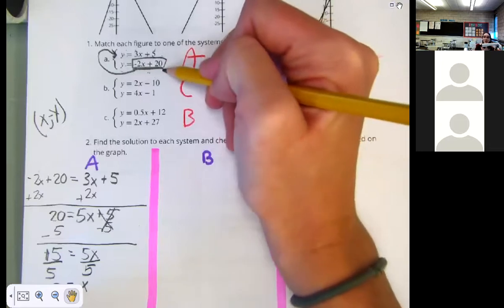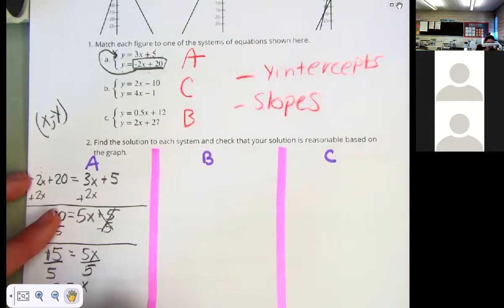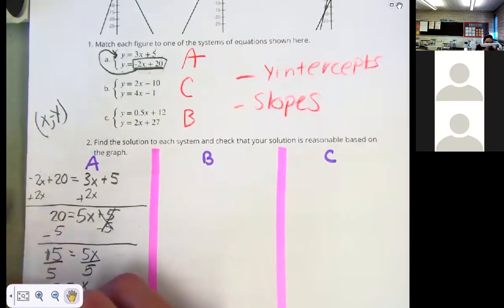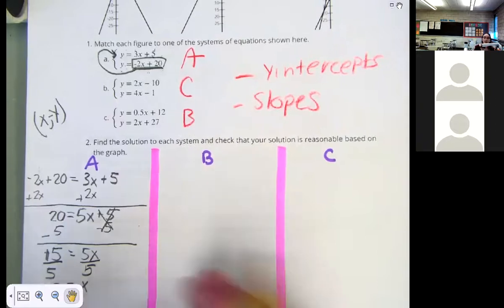You can pick either one. I'm just going to pick the first one because it's a little bit easier. And I'm going to solve it for y. So I'm going to say y is equal to, and I'm going to plug 3 into the equation. So it's going to be 3 times, instead of x, we're going to plug in that 3. And then I'm going to bring down my constant of plus 5.